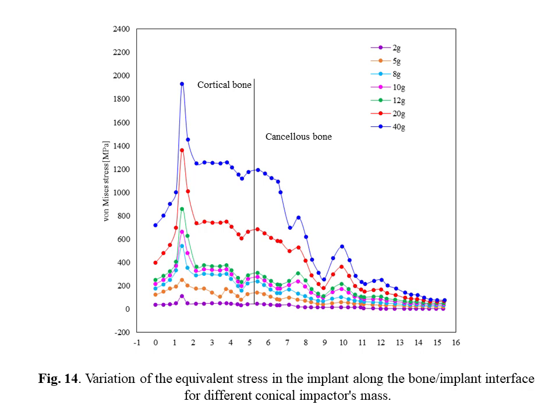This stress increases proportionally to the mass of the impactor for both types of impactor. It is noted that the maximum stress is located at the cortical bone implant contact surface.